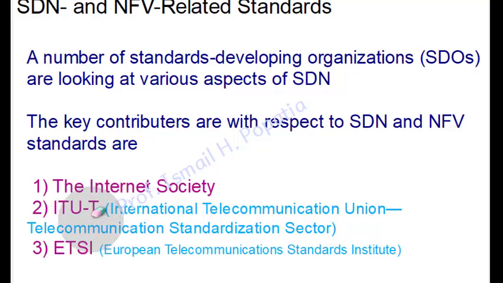These three are the main contributors. The first is the Internet Society. Number 2 is ITU-T, the International Telecommunication Union Telecommunication Standardization Sector. Then we have ETSI, the European Telecommunications Standards Institute. These three are the key contributors with respect to SDN and NFV.